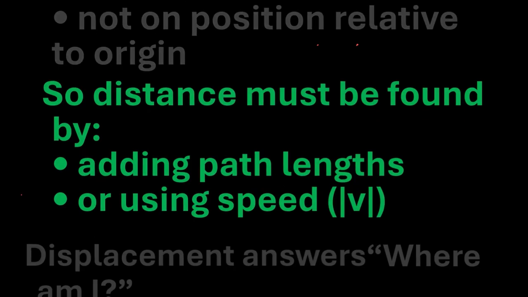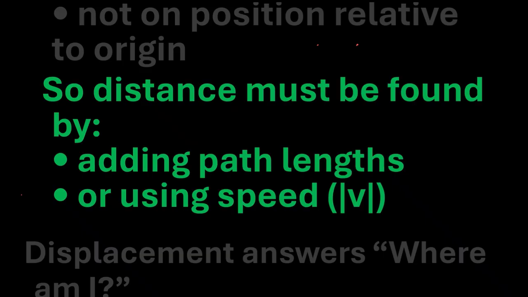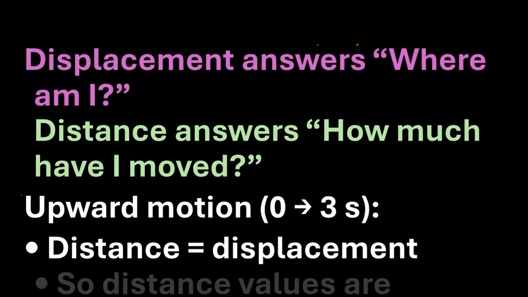Okay, let me take you through this. To make a comparison here, displacement answers: where am I relative to where I started? Whereas distance answers: how much have I moved in total? For the upward motion, from time t equal to 0 to t equal to 3 seconds, distance is equal to displacement.